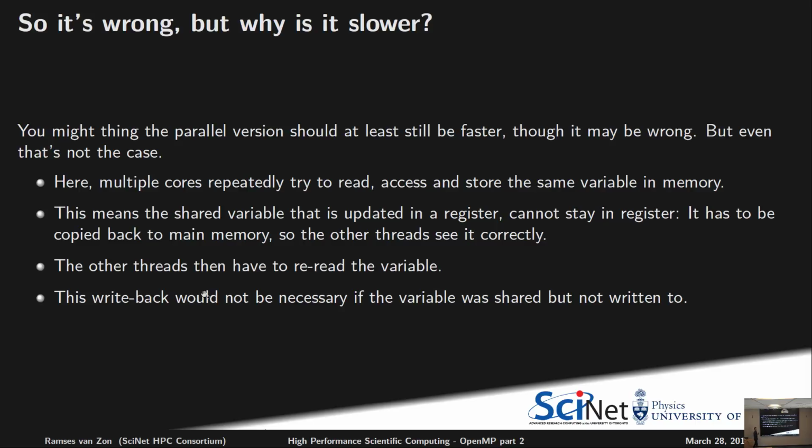In the parallel case, because I have this shared variable that I constantly have to update, I basically told the compiler I want this copy back every time, and now it gets slower. Make sense? So we're hitting main memory when we don't really need to, and that makes it slow.